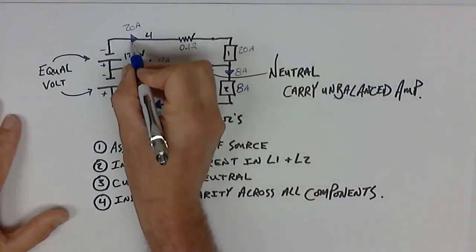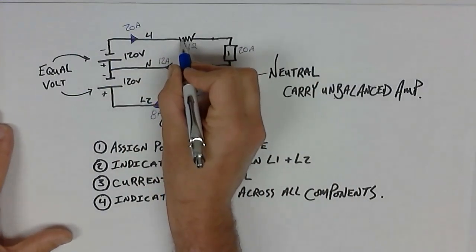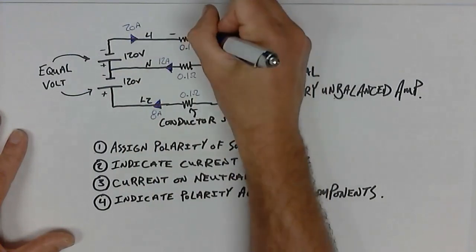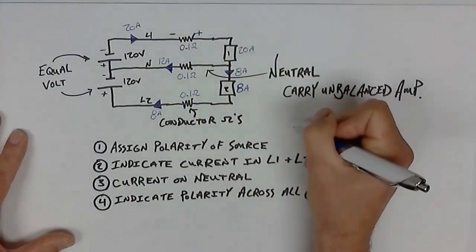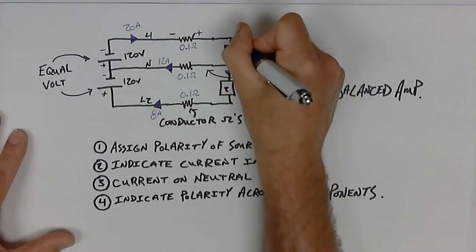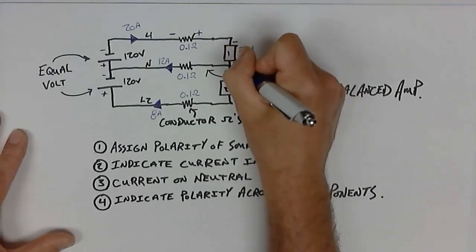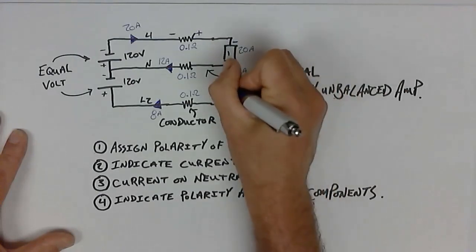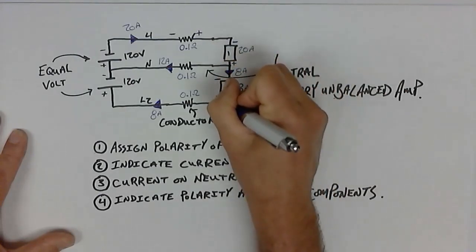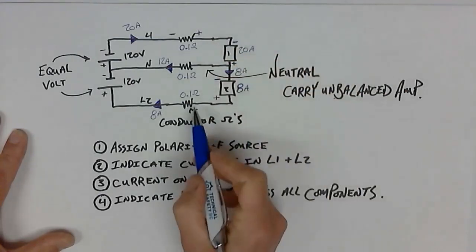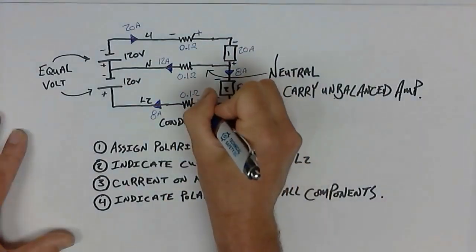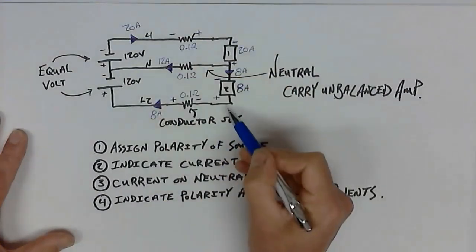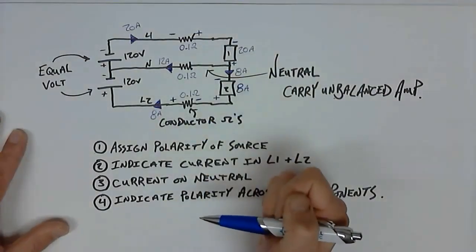That means wherever the current enters an object, it is more negative, always. Negative, positive. On this load here, negative, positive. On this load here, negative, positive. On this resistor, negative, positive. Wherever the current enters into an object, it is more negative.